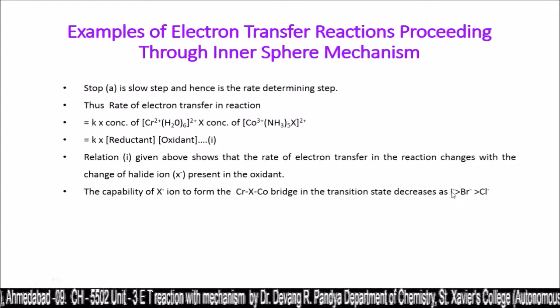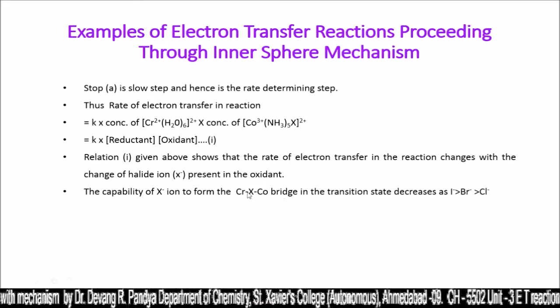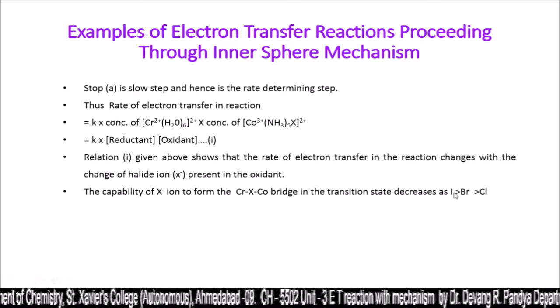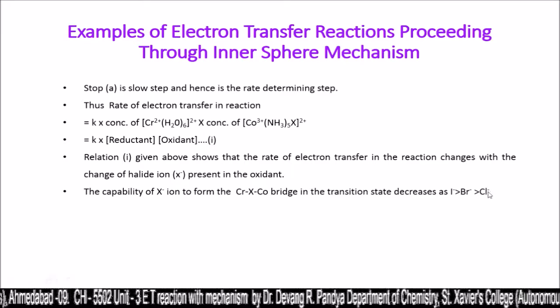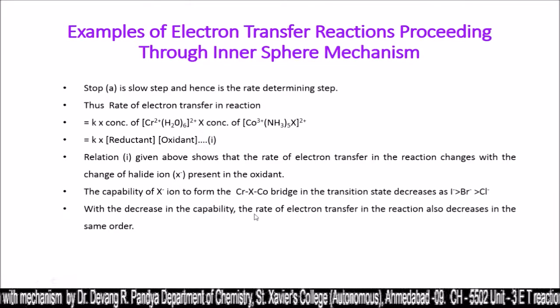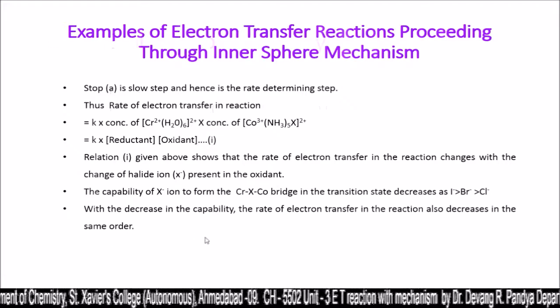If we put iodine over here, the transfer becomes slower, bromine is a little faster, and chloride is a little more faster. With a decrease in the capability, the rate of electron transfer in the reaction also decreases in the same order.